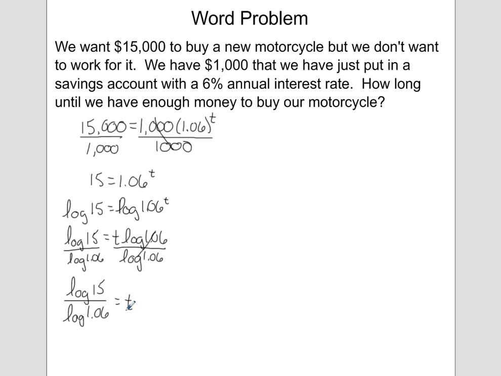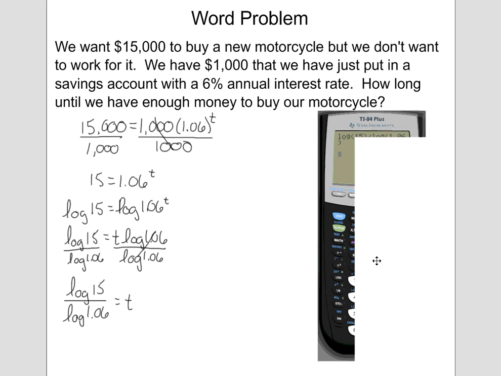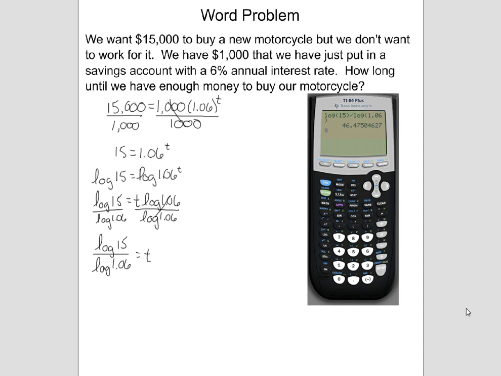Now, if this was the old days before calculators, you'd have to look up this value in log tables and then calculate it by hand. Fortunately for us, we have technology. We have calculators, and the calculators pretty much just have the tables for us. It looks it up for us and it makes it quicker.